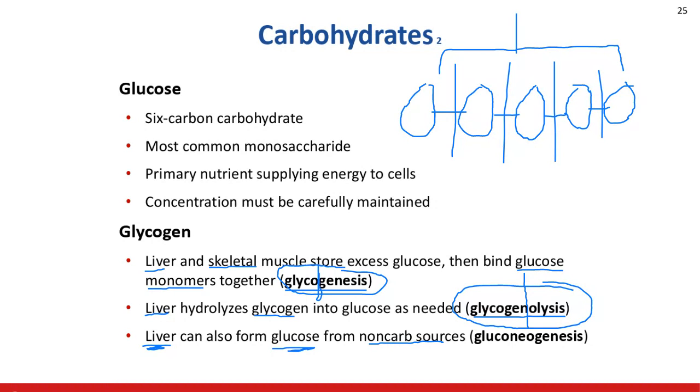That's cool. How do I do that? Great question. Through the process of gluconeogenesis. Gluco meaning glucose, neo meaning new, so new glucose formation, creation. Gluconeogenesis is only done in the liver.